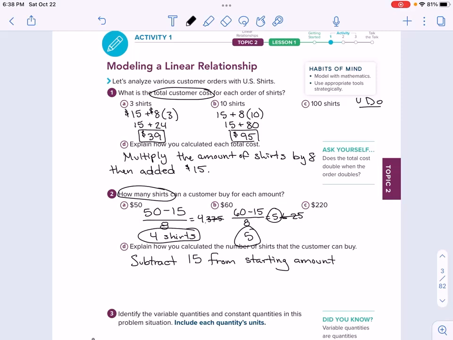And then the remaining value was divided by 8, since it's $8 per shirt. And then we had to ignore any remainder, because you cannot purchase a partial shirt.